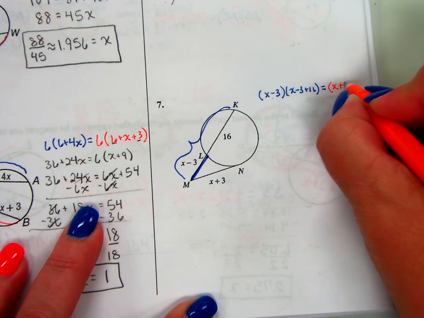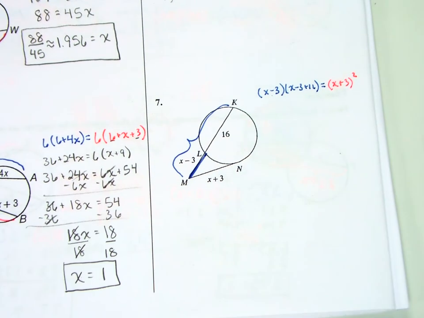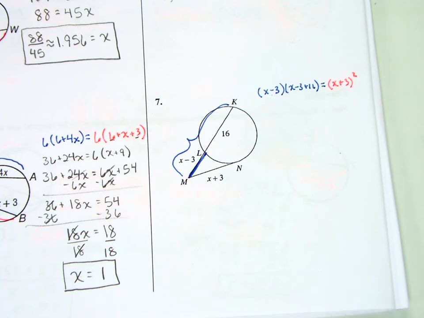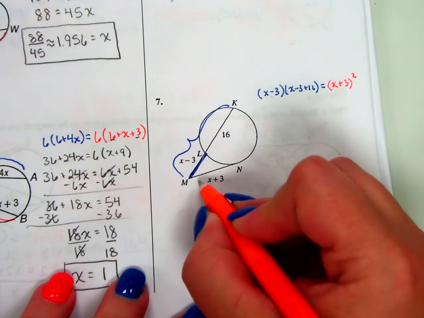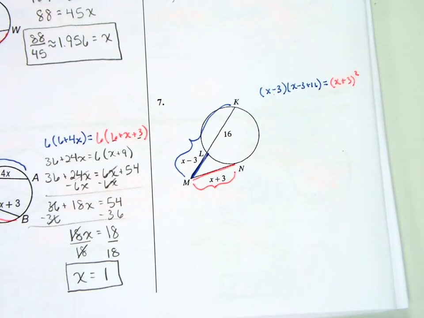On this one, my external is x plus 3, and the whole thing is also x plus 3, so you could just write it as x plus 3 squared, right? Because the external and the whole are both the exact same thing.